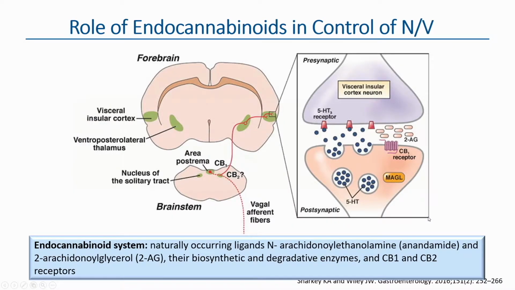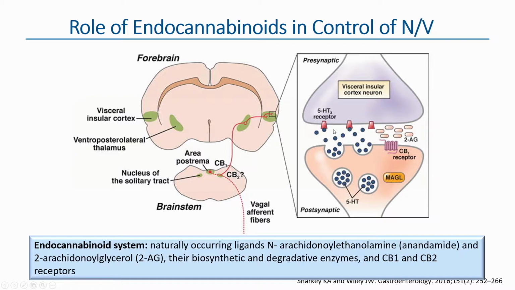And so I just wanted to let you know about this endocannabinoid system to explain how it plays a role in the control of nausea and vomiting. So if we look in the brain region, particularly in the brainstem, and also in the cortical regions, the CB1 receptor is the predominant receptor in the brain. If you act on the CB1 receptor, you will suppress serotonin release. And if you have less serotonin, then it won't act on the 5-HT3 receptors to cause nausea.